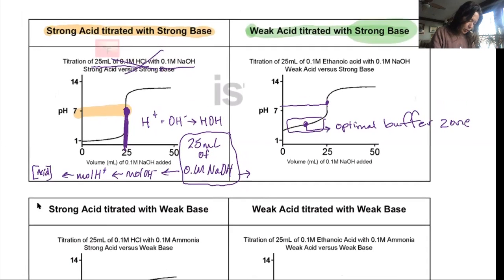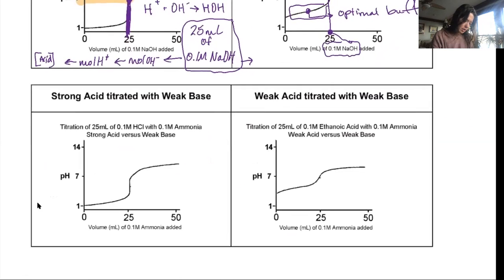I see that 25 milliliters of a certain concentration of hydroxide was added, right? I could start doing some calculations. Strong acid, weak base, yeah, we do not need to deal with this here, okay? But you see the strong acid, weak base, the concentration here is less than.